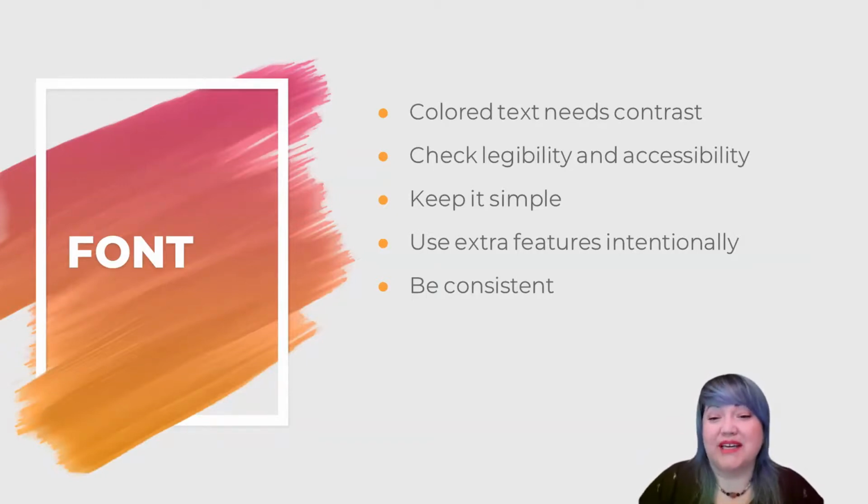You also want to be careful about when you're using features like italics, bolding, and underlining. They should always be intentional, meaning you've thought through why a particular phrase or section needs to look different from other sections.